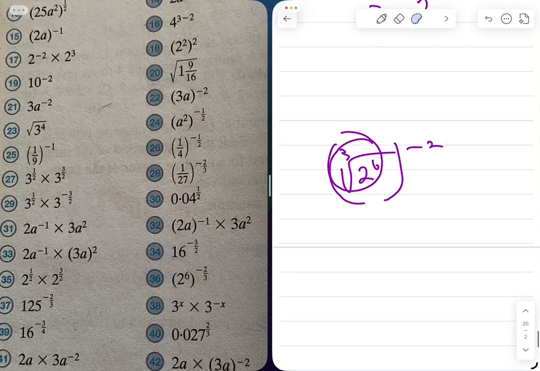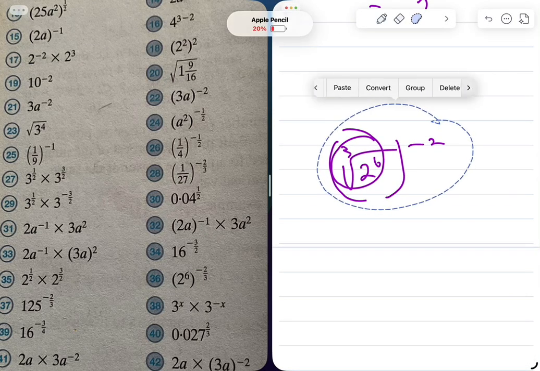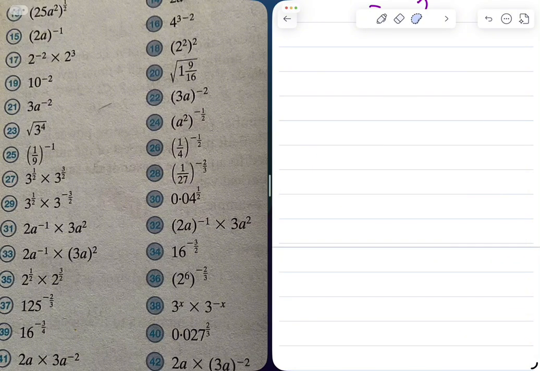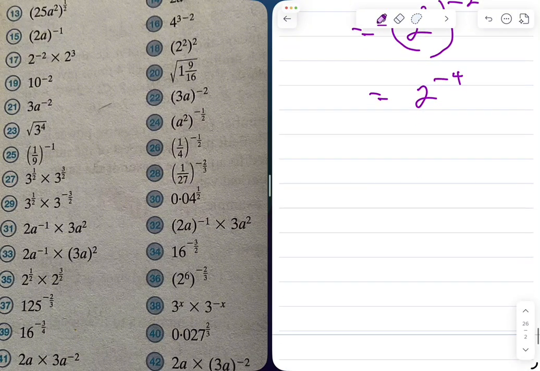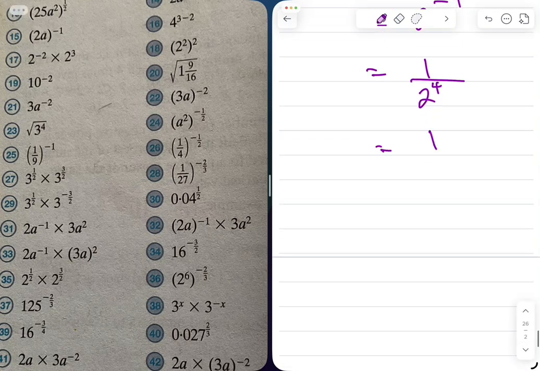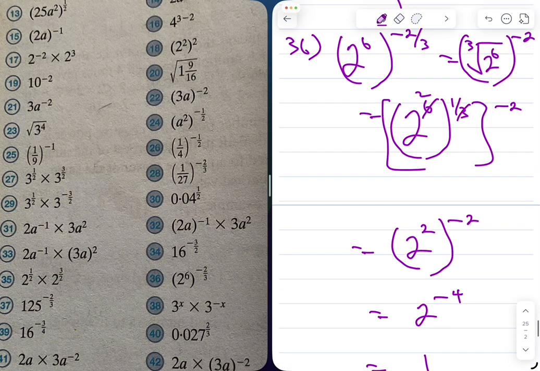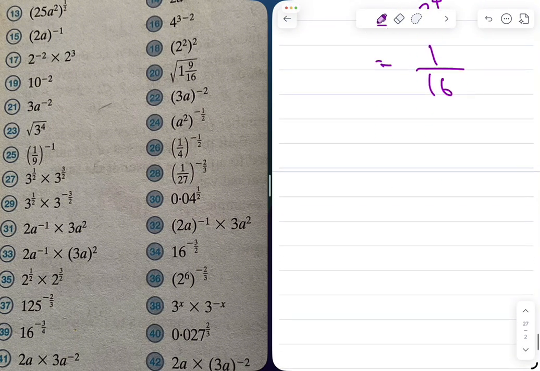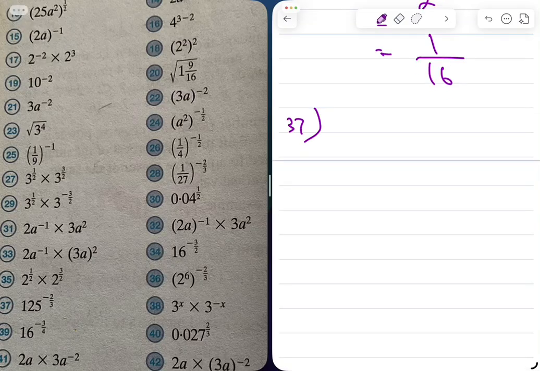So 2 raised to power minus 4 is 1 over 2 raised to power 4, which is equal to 1 over 16. Now that was number 36. Now to the next, which is number 37. Number 37, that is 125 raised to power minus 2 over 3.